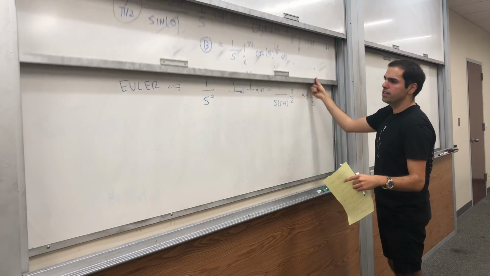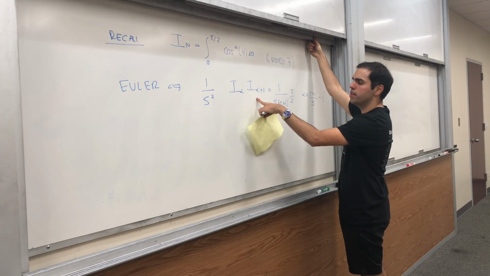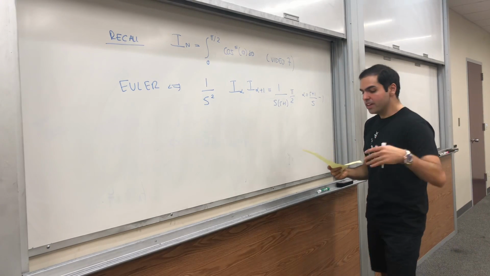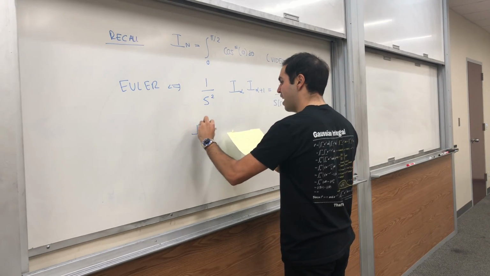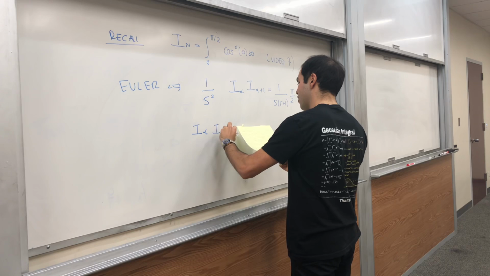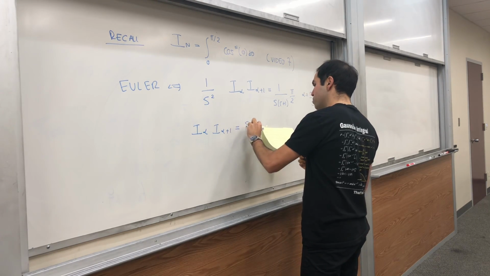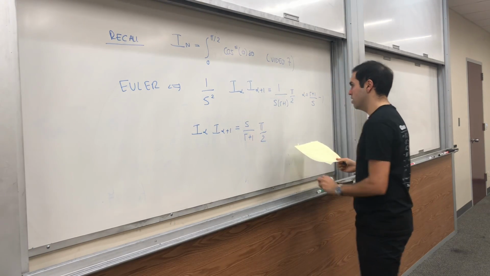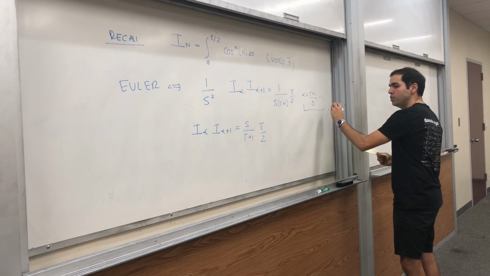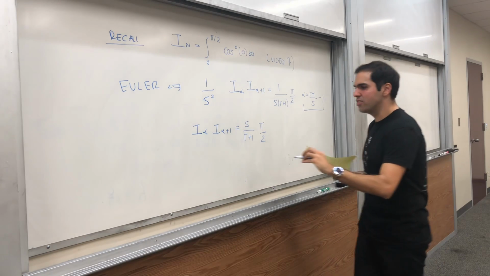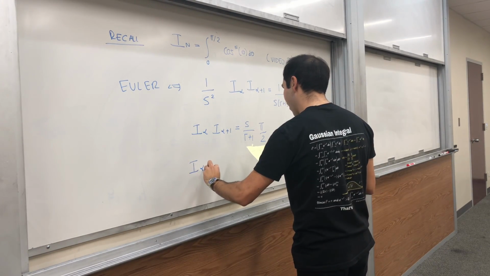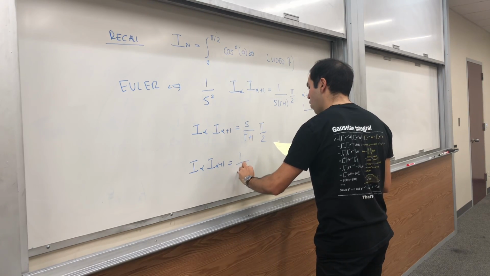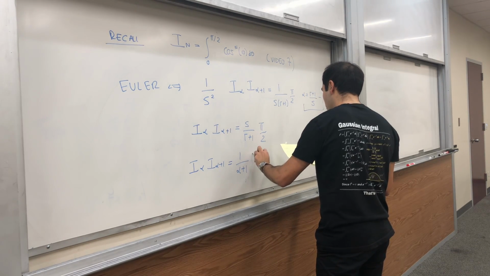So it just equals powers of cosine times powers of cosine equals that. And then we can just write this as follows. Then I_alpha times I_alpha plus 1 equals s over r plus 1 pi over 2. But using this definition, this is just the same thing as I_alpha times I_alpha plus 1 equals 1 over alpha plus 1 pi over 2.